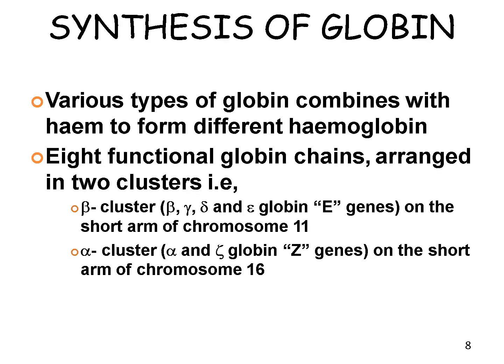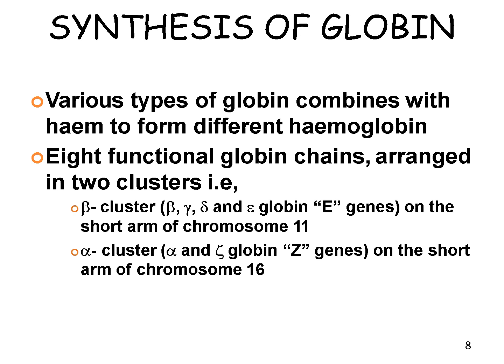In the synthesis of globin, the various types of globin combine with heme to form different hemoglobins. 8 functional globin chains are arranged into clusters. Beta cluster: beta, gamma, delta and epsilon globin genes on the short arm of chromosome 11.